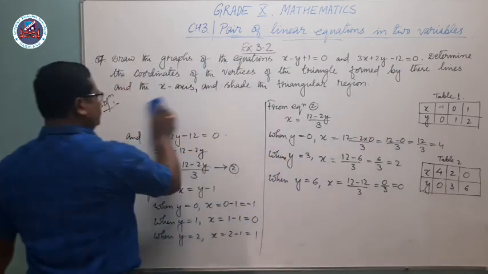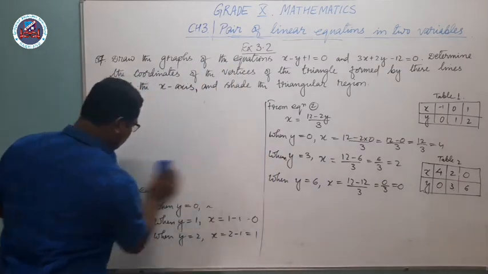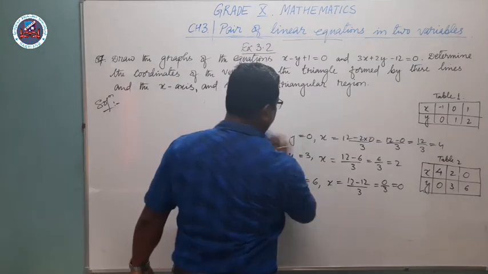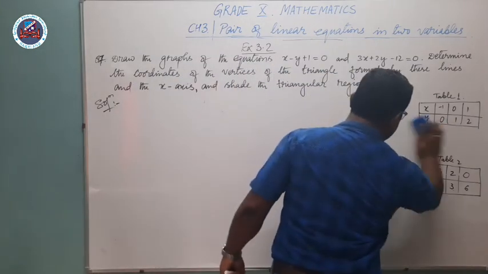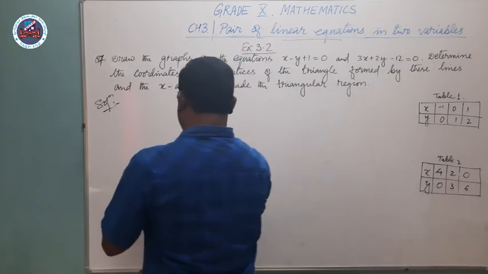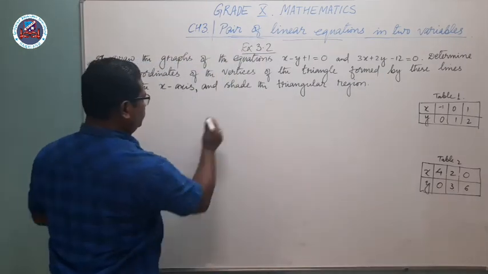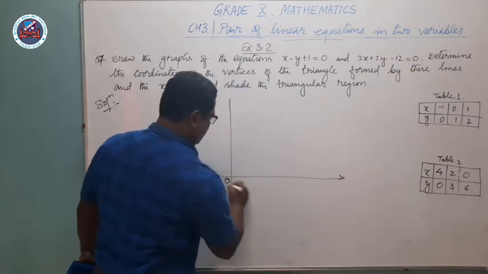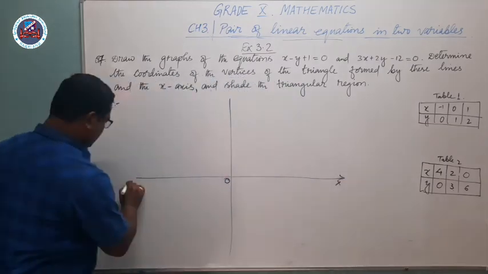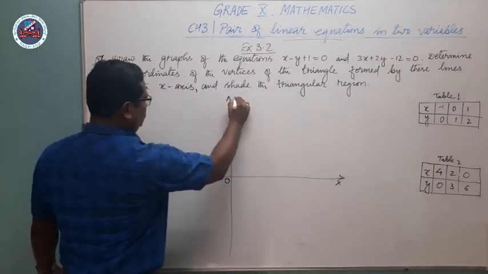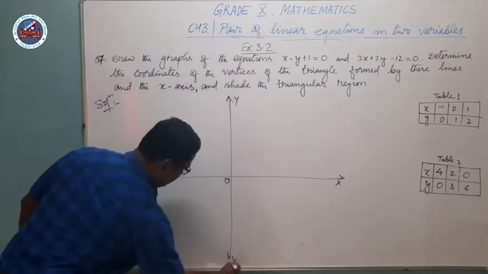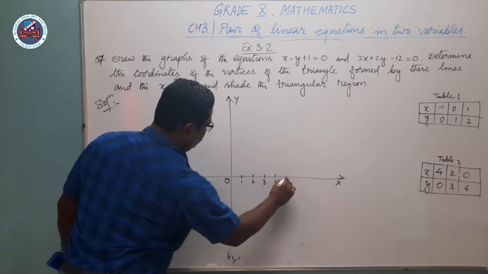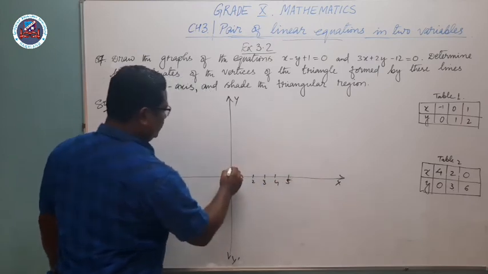After writing down the values, you can take your graph paper and plot. In your graph paper, like the earlier case, draw x prime, y prime, 0, 1, 2, 3, 4, 5, like this you can go on plotting.